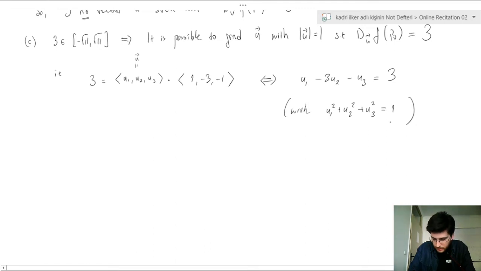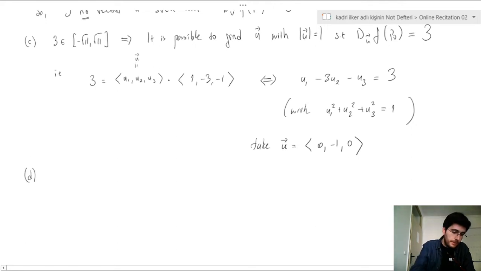Among the possibilities, at least one is the vector (0, -1, 0). This satisfies the linear relation, and its norm is 1. And we are done.